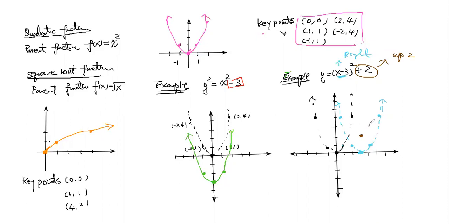Negative 1, 1, this point shifts up to here. Then this point, 4 up 2, is here. This point is here, right? So now this is my final function here.